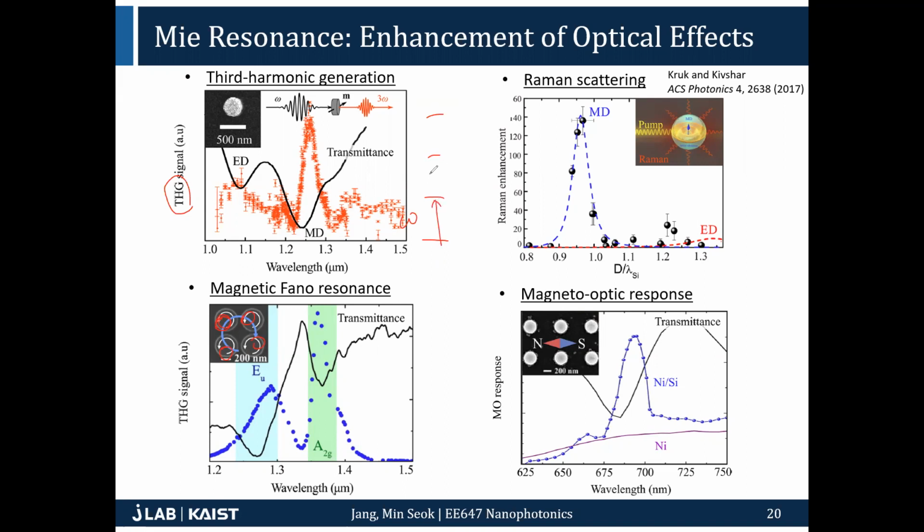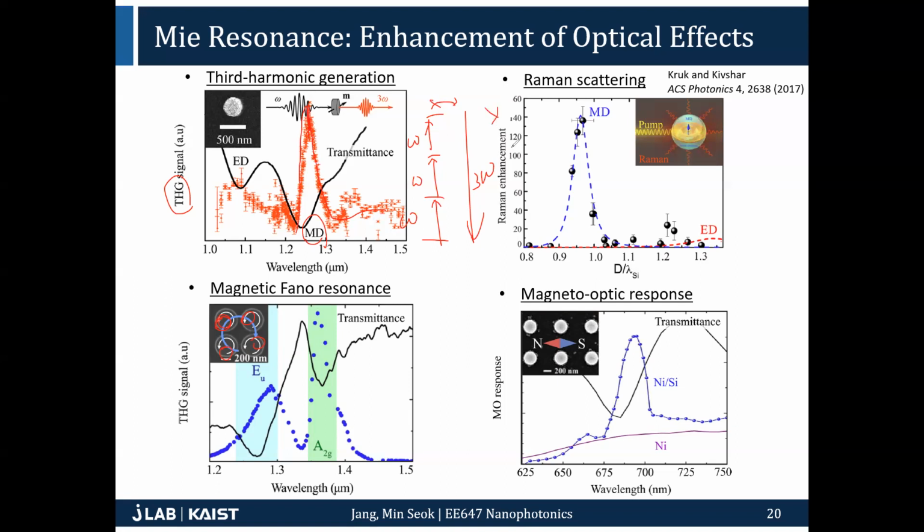Then there is a very low chance of 3 photons in, 1 photon out with a different frequency, 3 omega. This is called third harmonic generation. This type of non-linear behavior can be significantly increased at magnetic dipole resonance. That's what this chart shows.